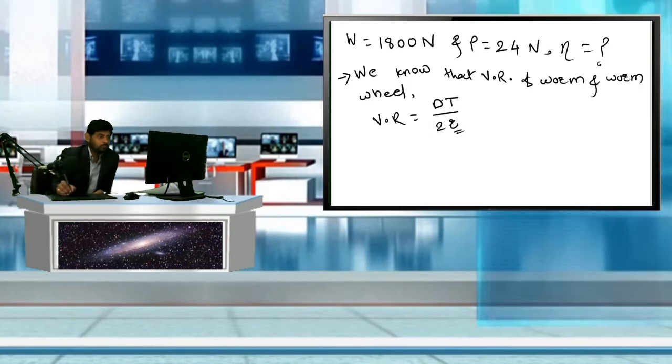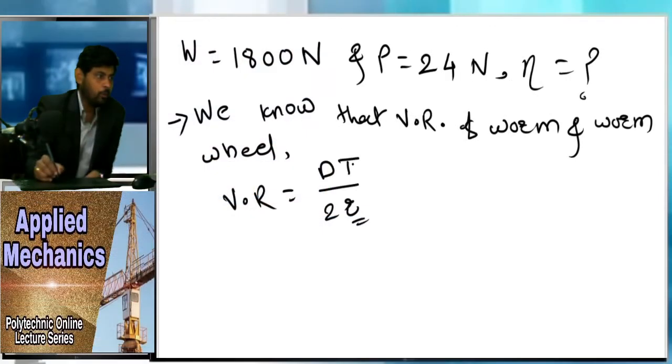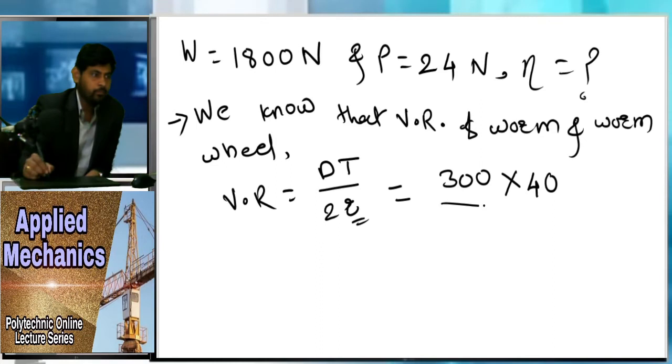So now we know the value of capital D, we know the value of capital T, we know the value of R, so you can easily find out the velocity ratio. Here you can see the value of D is nothing but 300 mm into the number of teeth, 40, divided by 2 into the radius, 50, right?